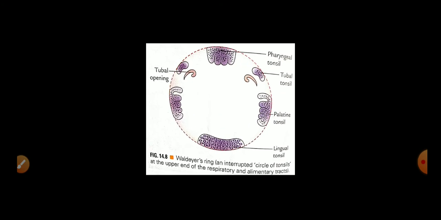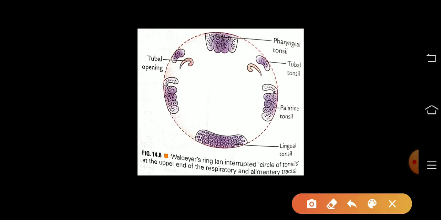Now the main clinical correlation of the pharynx. If you correlate it clinically, the very important thing is Waldeyer's ring. You can see the spelling here. So what is Waldeyer's ring? Waldeyer's ring is the ring-like aggregation of lymphoid tissue in the innermost layer of the pharyngeal wall.